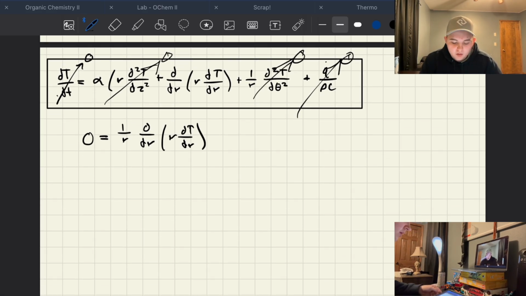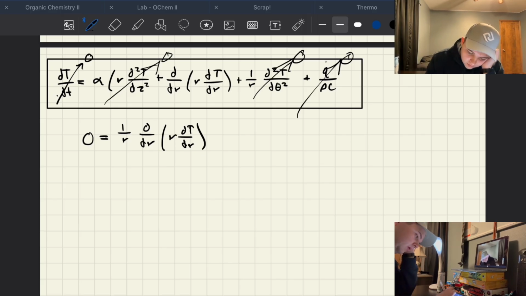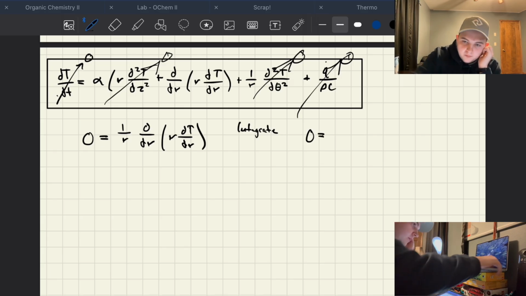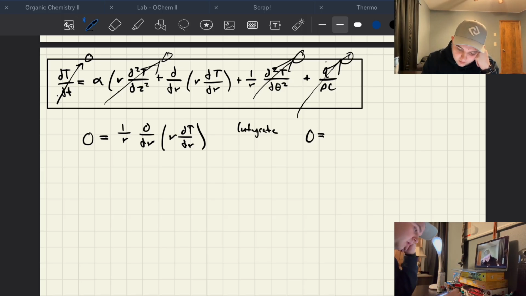Okay, cool. So our first step to solving this next problem will be to integrate, which will be 0 is equal to d dr of r dt dr, and then the quantity stays the same.